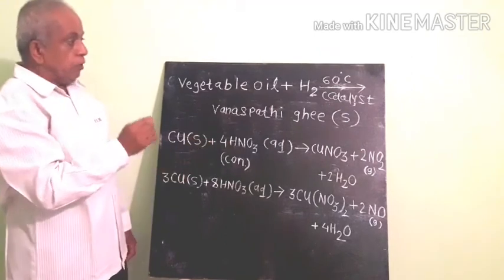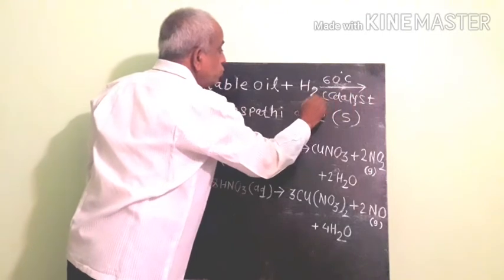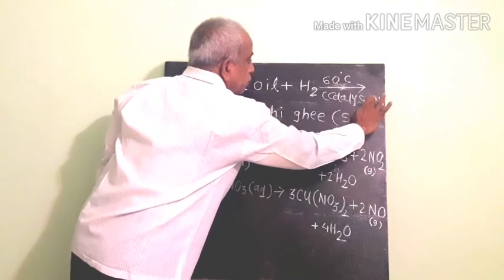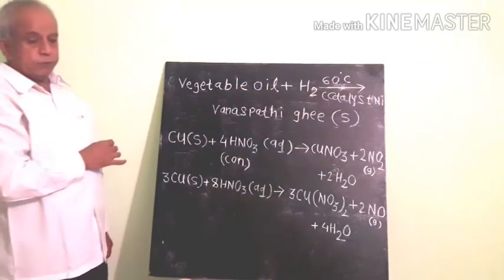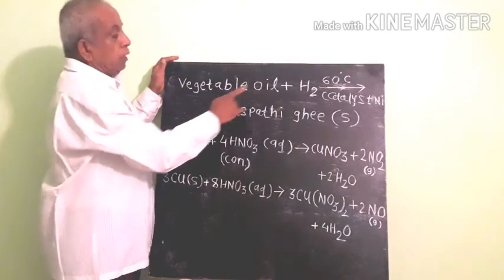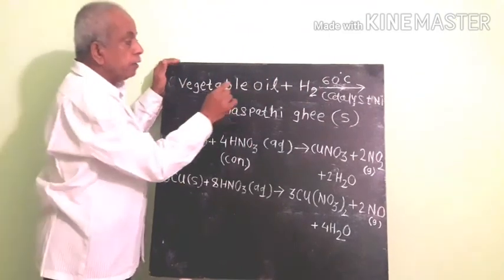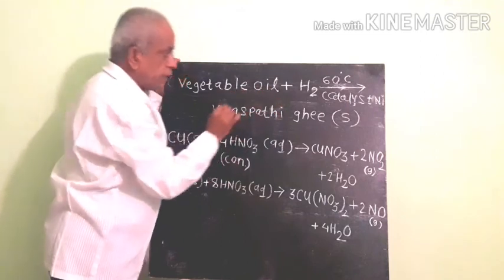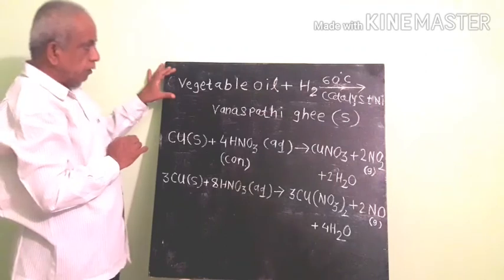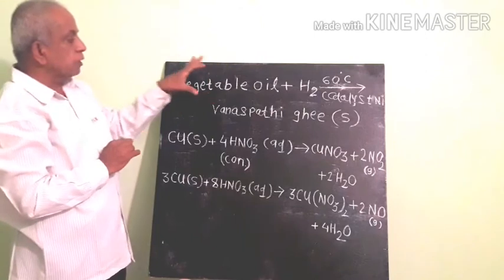Here nickel is used as a catalyst. For completion of this reaction, 60 degree temperature and the catalyst nickel are essential. Unless and until these two conditions are provided, this reaction is not completed.